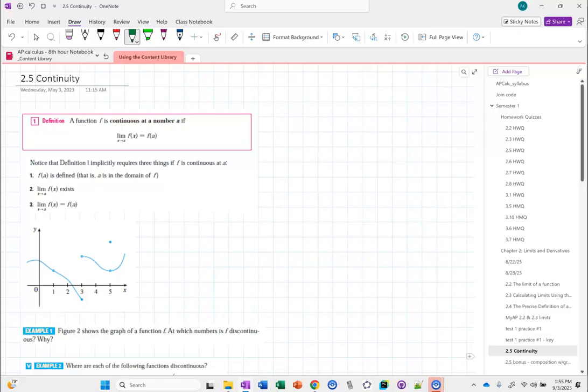That tells us from this definition then that all polynomials are continuous everywhere, which we knew, right? That same theorem in 2.3 said that for rational functions, where a is in the domain, the limit as x approaches a of f of x is equal to f of a.